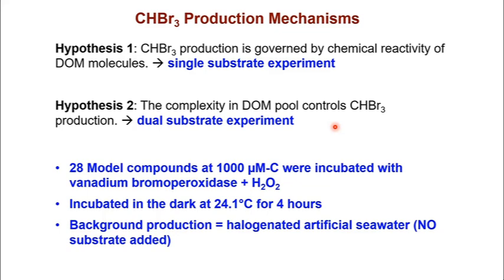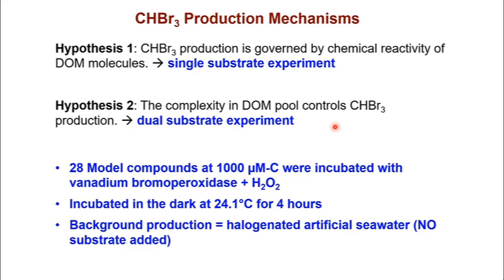So for the first set of experiments, I chose 28 different model compounds that are representative of some major functional groups in the organic carbon pool. It was prescribed with rather high carbon concentration, mainly to suppress the signal from the background seawater.